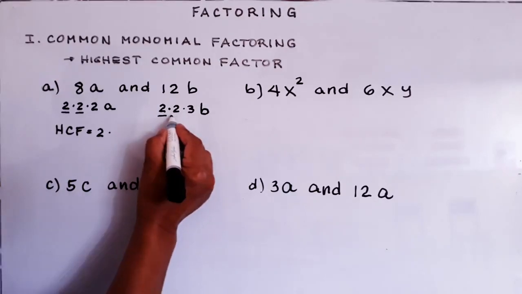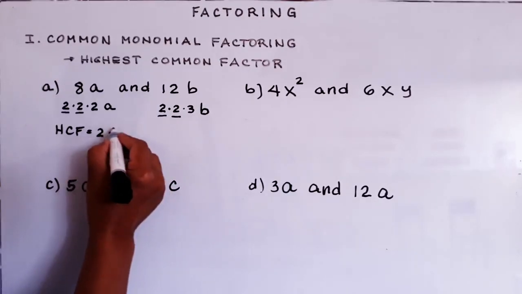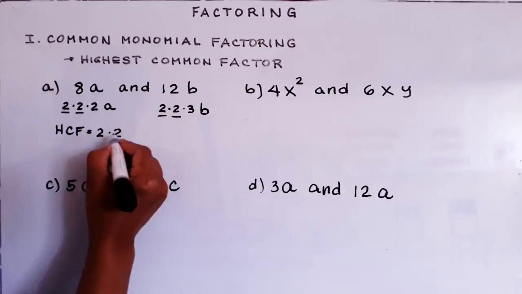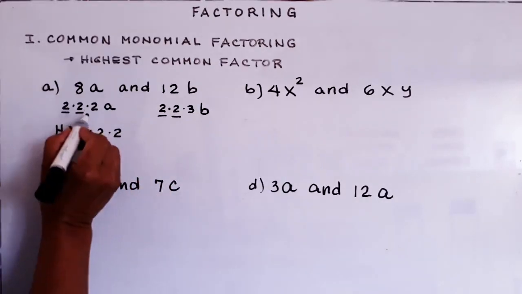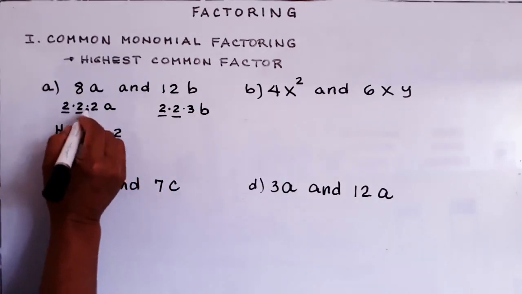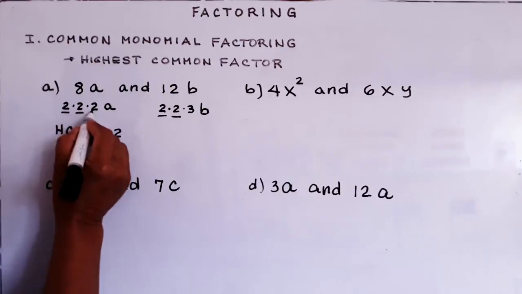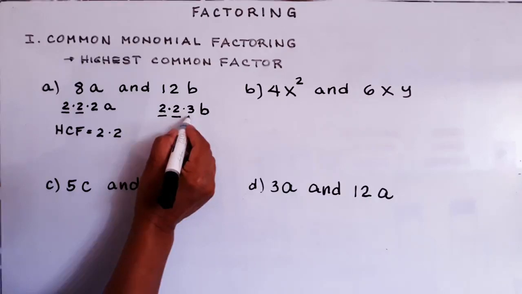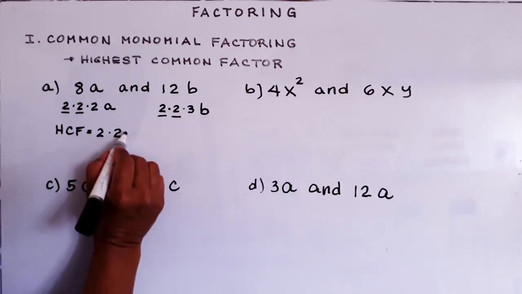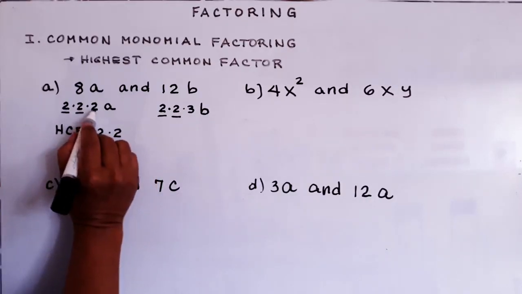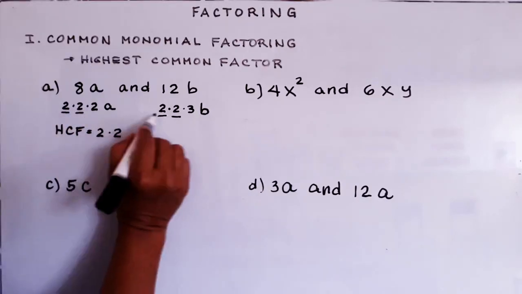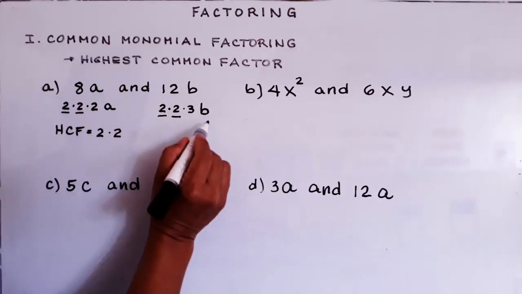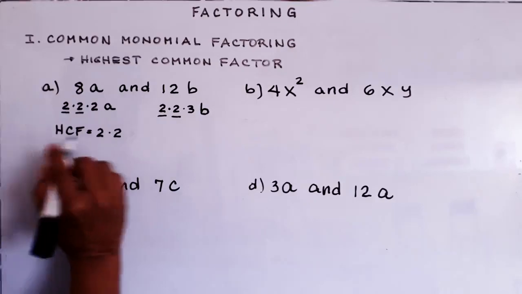Yes, we have another 2, so we write another 2 here. Next, we have the third 2 here, but on the other side we don't have it, so we don't write the 2 anymore, because the 2 is here for 8 only, but not on the 12. It's finished.